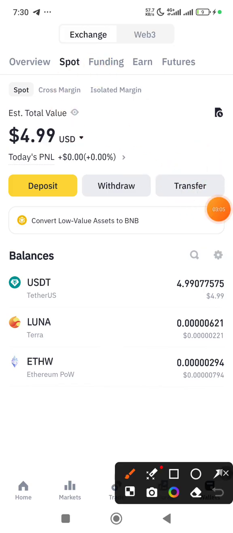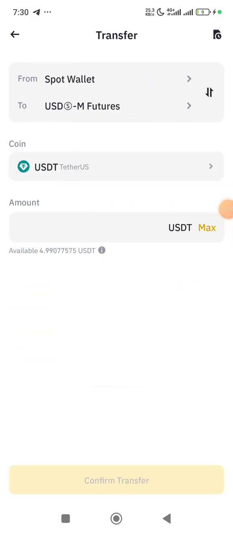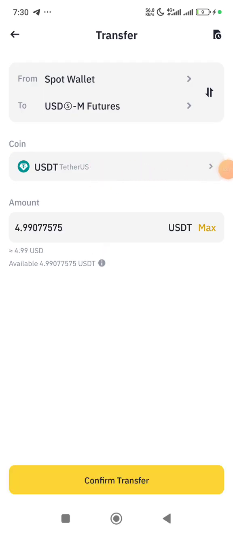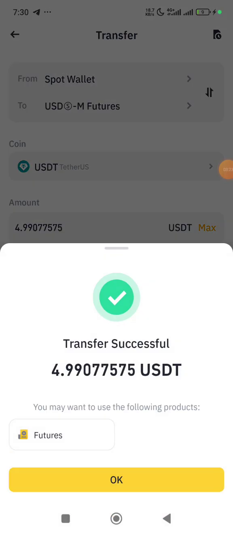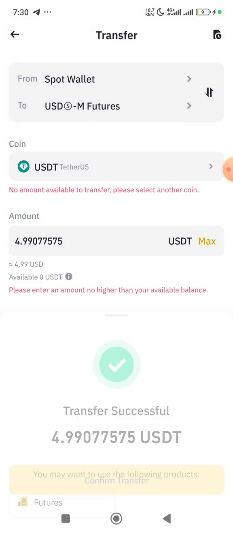I tap on transfer and it asks me, you can see it, USDM futures, from my spot wallet to my futures wallet, and it's USDT that is the currency. Now I want to transfer all of them. So I tap on confirm transfer. You can see transfer successful.